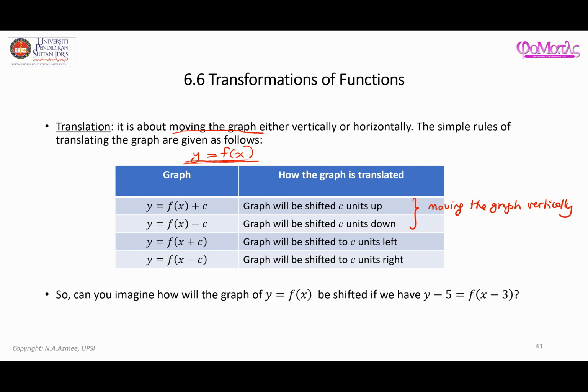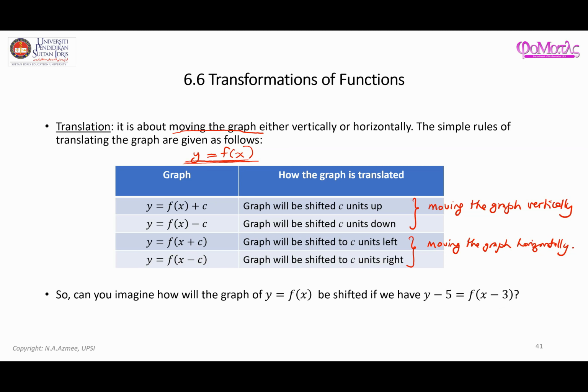Similarly, if you have minus c inside this original function, the graph will be shifted c units right. So in this case, you are talking about moving the graph horizontally.